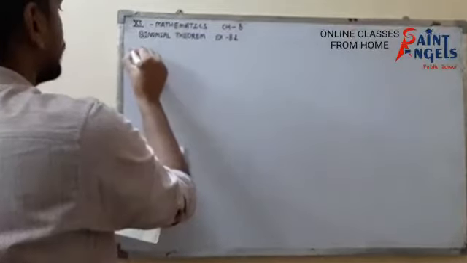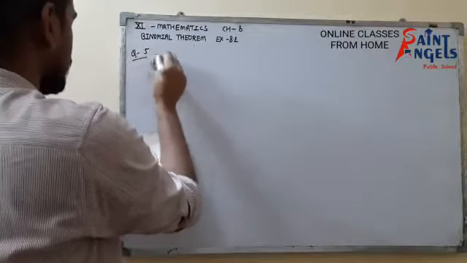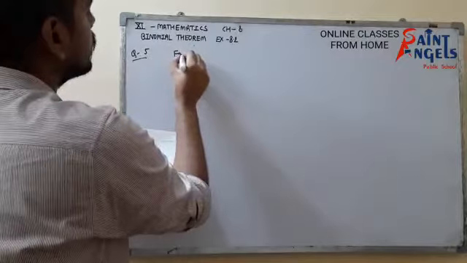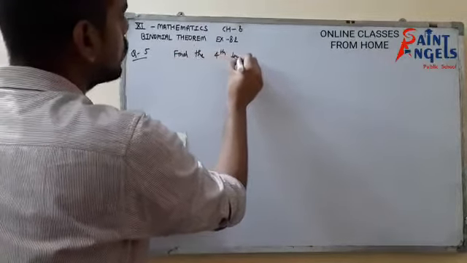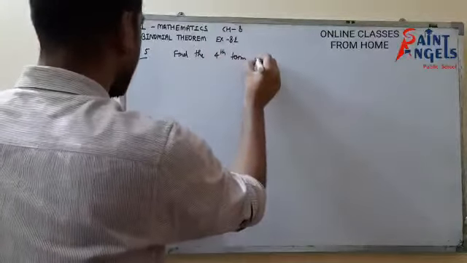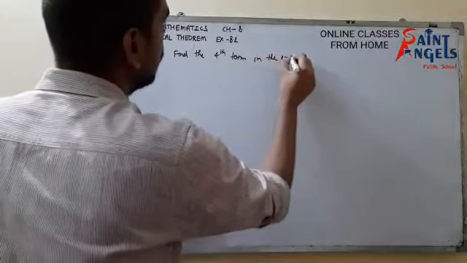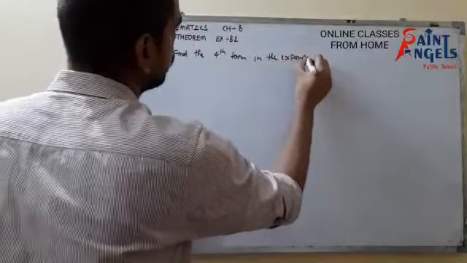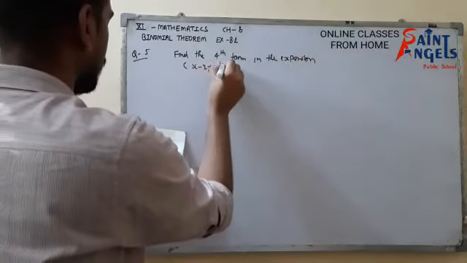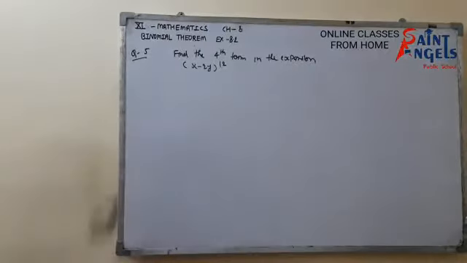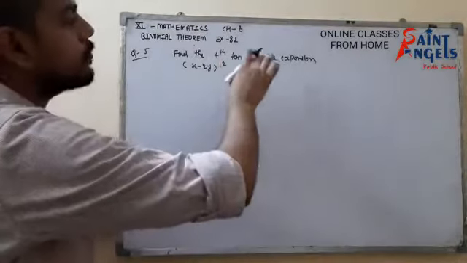Now question number 5. This is: find the fourth term in the expansion of (x minus 2y) to the power 12. We have to find the fourth term.